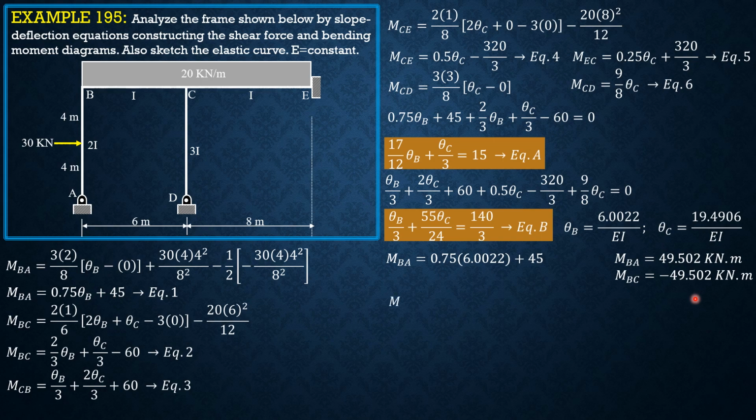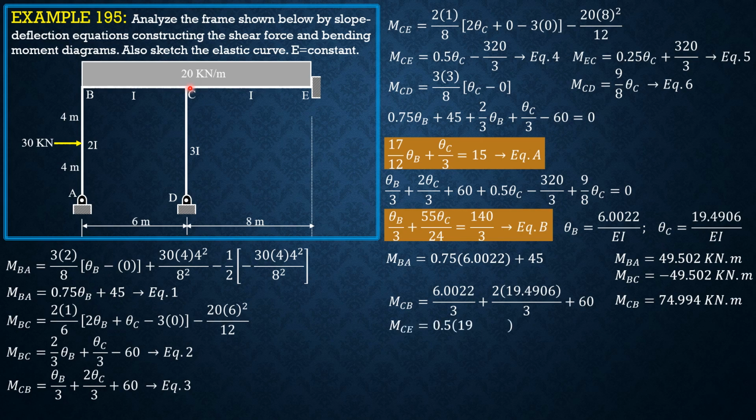Then moment CB, theta B over 3, 6.0022 over 3 plus 2/3 of theta C plus 60. So moment CB is 74.994 kilonewton meter. So at C, there are three members attached, so we have to solve for the other moments.